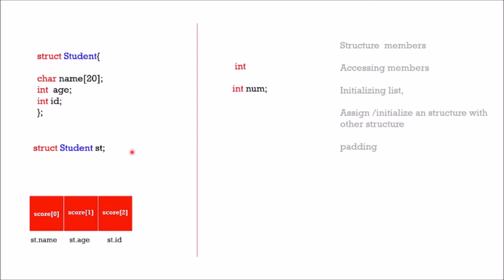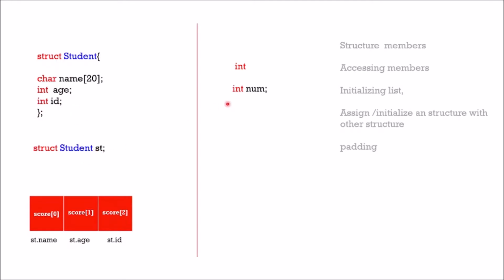I can create it in this way. First of all, specify the structure members, and then create the actual variable, or I can create it right here at the end of this curly bracket, after the closing curly bracket and before this semicolon, I can place the name here if I want it, or separately, wherever I want.